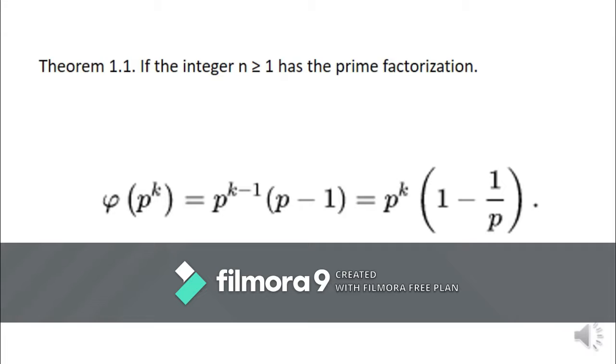By substitution, 3 raised to 2, which is your p raised to k, multiplied by 1 minus 1 over 3, which is your p. Then simplify. Did you get the answer? The answer is 6.